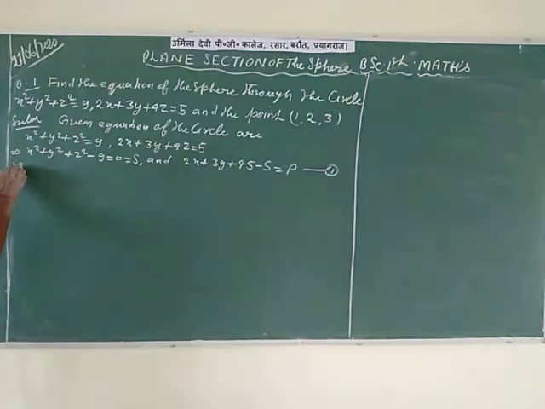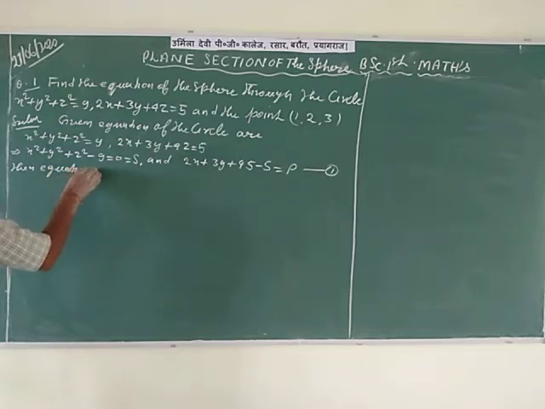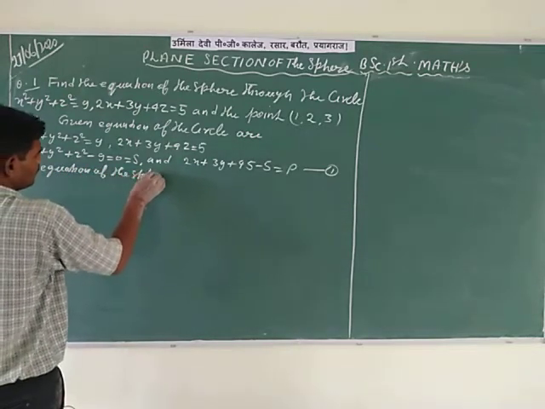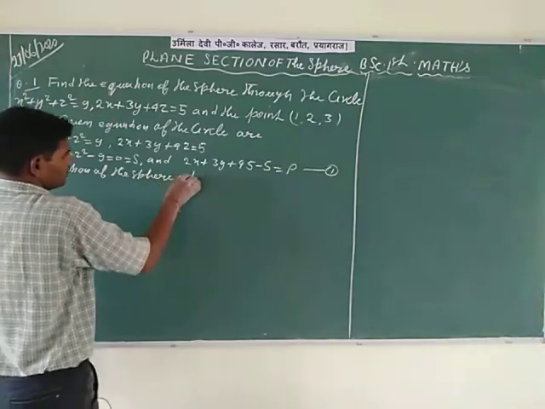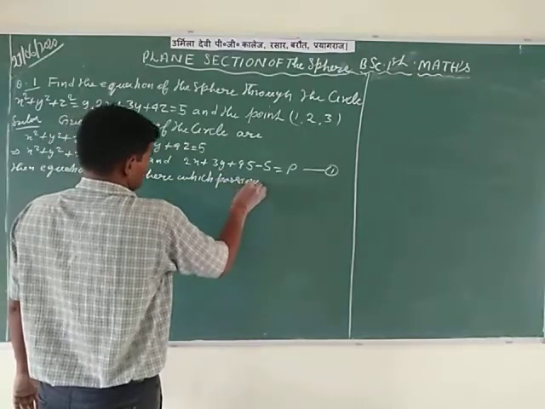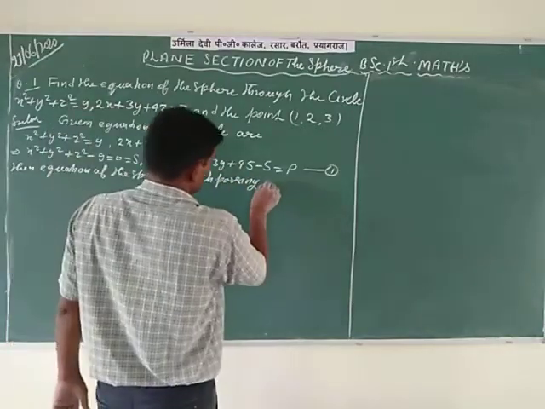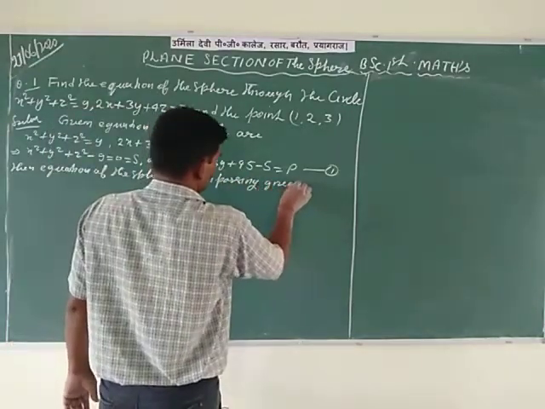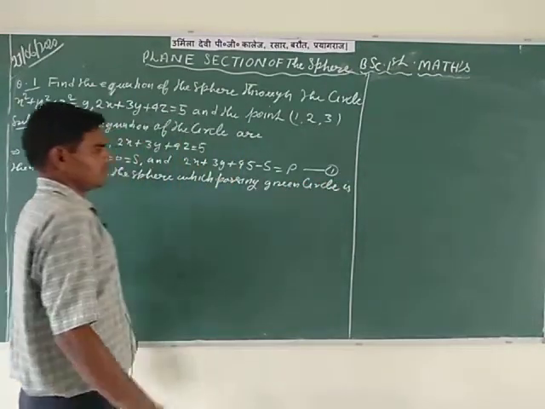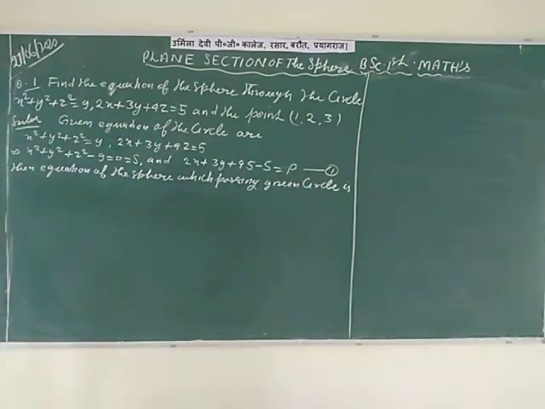Then the equation of the sphere which passes through the given circle is a combination of these two equations.